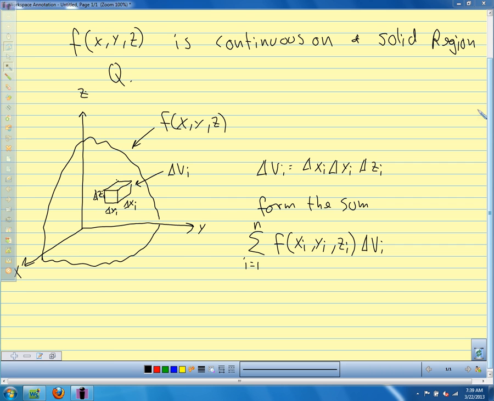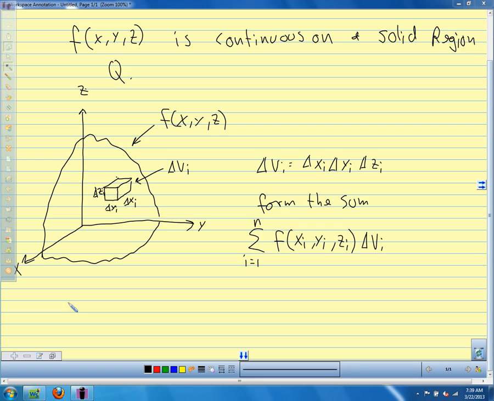And so this leads us to our definition of the triple integral. So we're going to say the triple integral over Q of our function f(x, y, z) dV is this limit, and I'm saying delta v approaches 0.